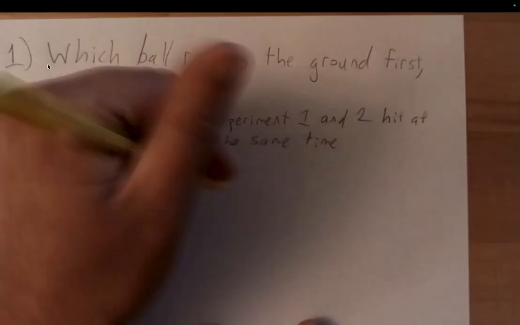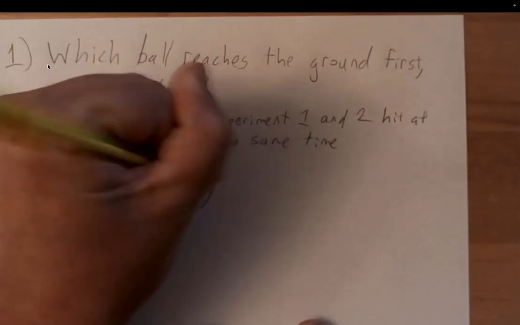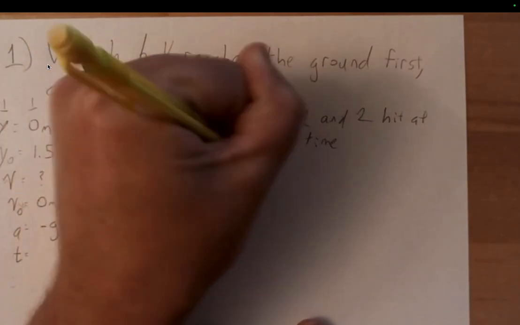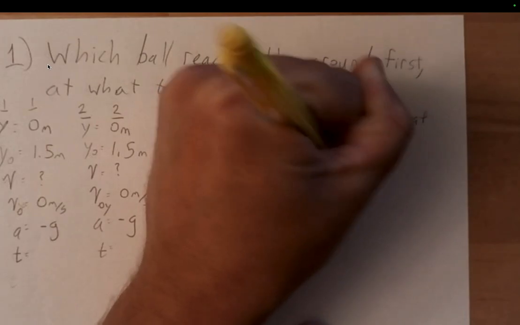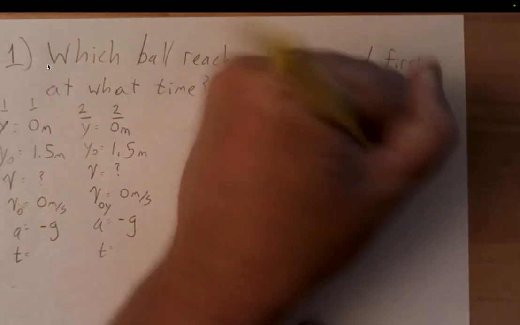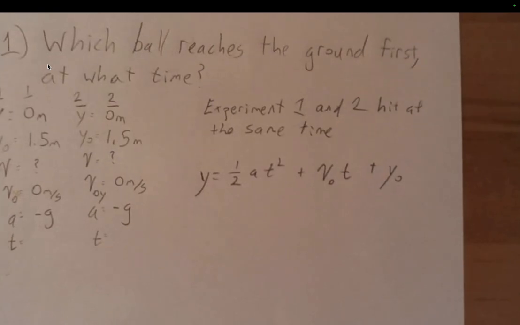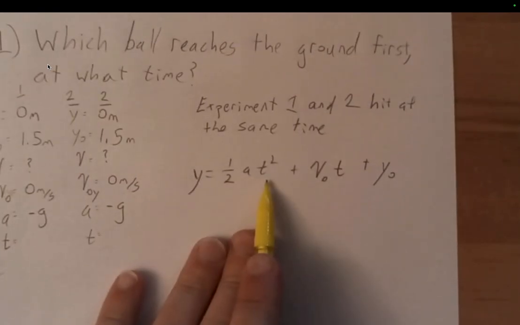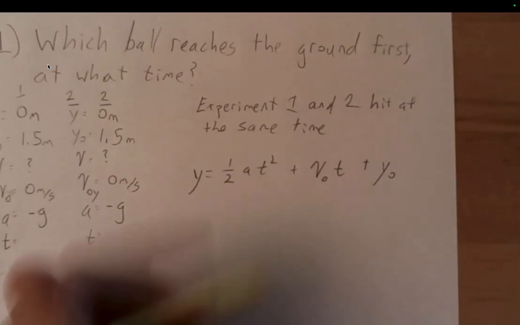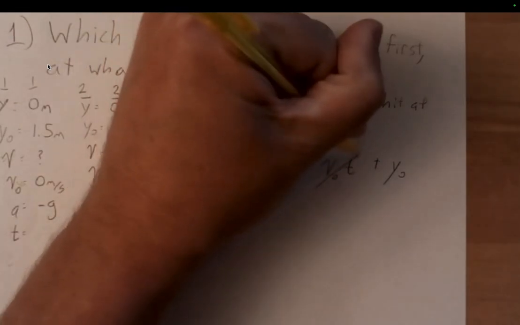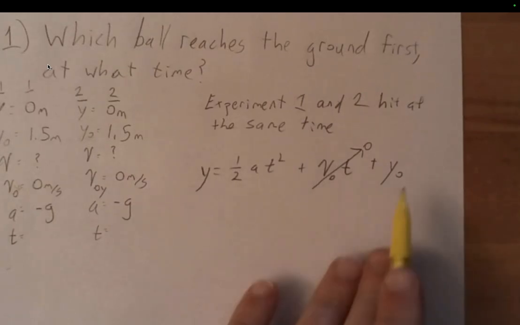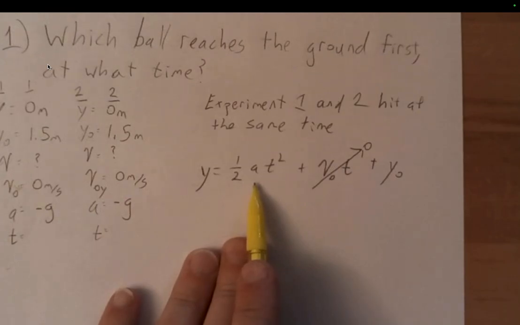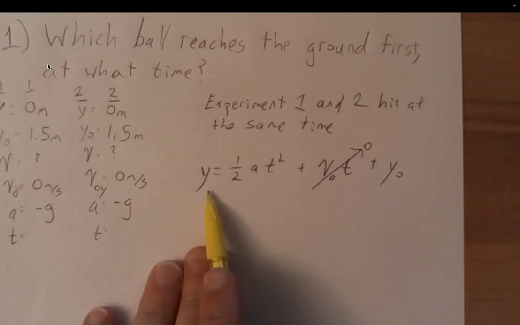So the equation I'll use will be y equal to 1/2 a t squared plus v naught times t plus y naught. And we're going to try to solve for t, where the initial velocity is 0. So that term goes to 0. The initial position we know, the acceleration we know, and this we know.